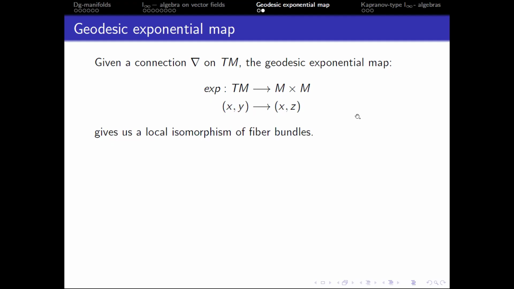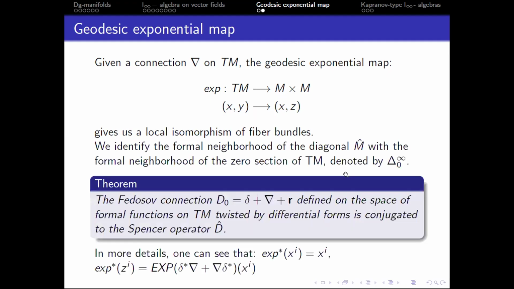So what we want to do now is to transfer the formal maps on the diagonal in M times M to formal maps on Tm. On the right-hand side, we have this Spencer operator, while on the left-hand side, we had the Fedosov connection. So they are related by a conjugation of this geodesic map.